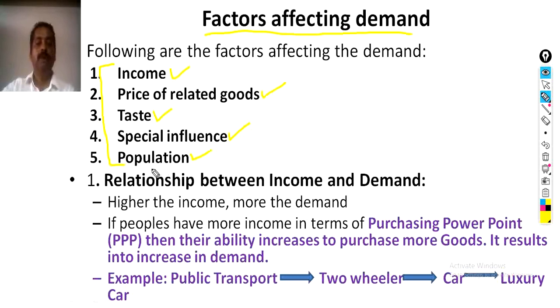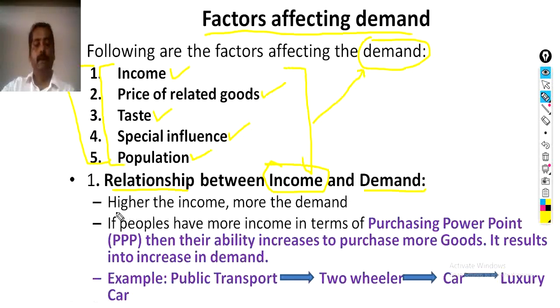Now we'll see the relationship between all these factors and demand. The very first is the relationship between income and demand.